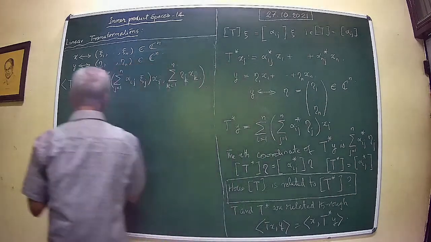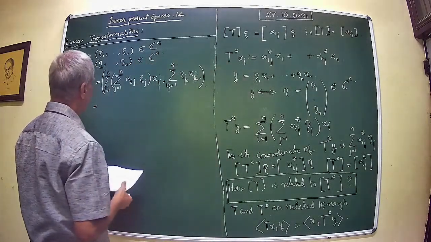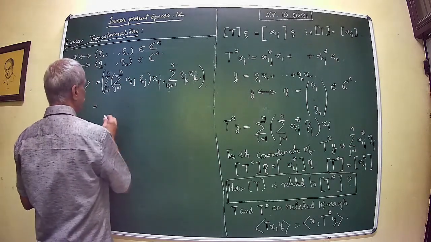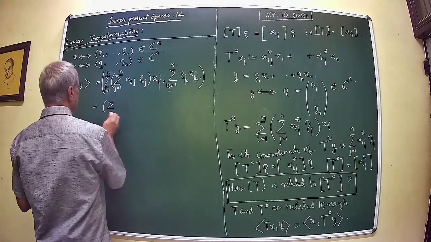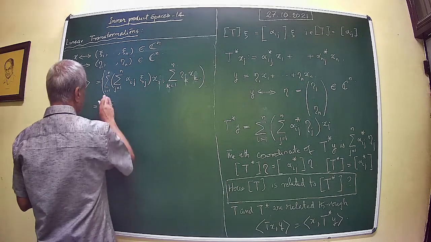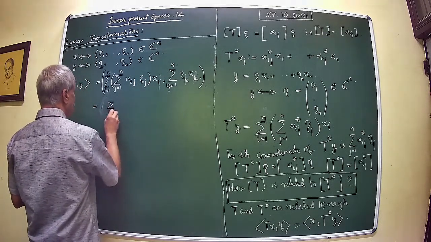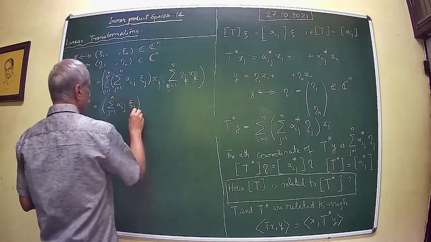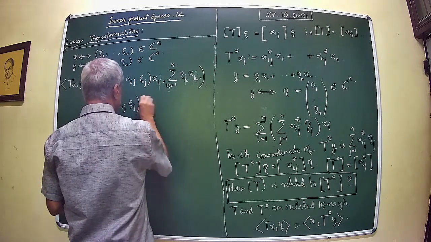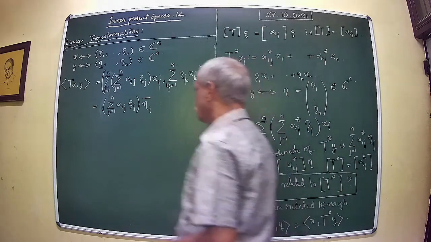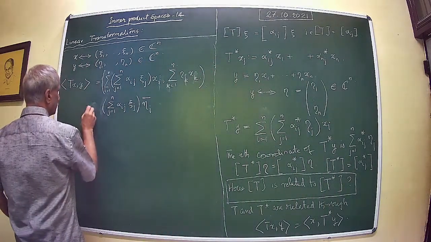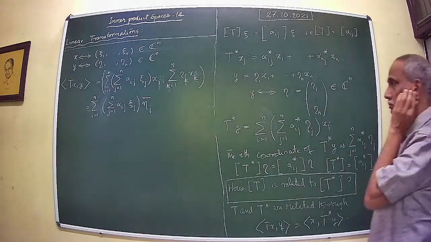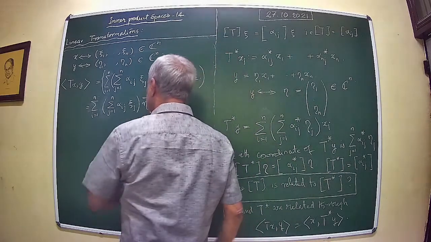Therefore, if you work it out, this will become simply the inner product of, say, for i equal to 1, so this will be eta i conjugate. Okay, so this is what it turns out to be.